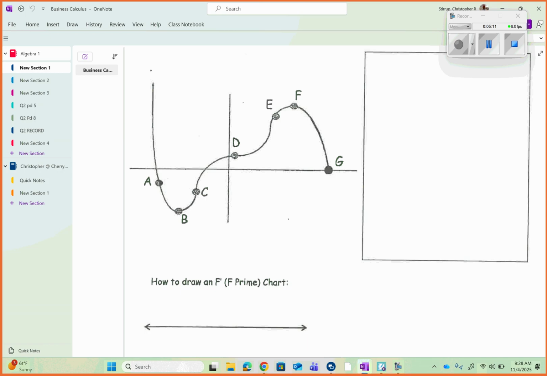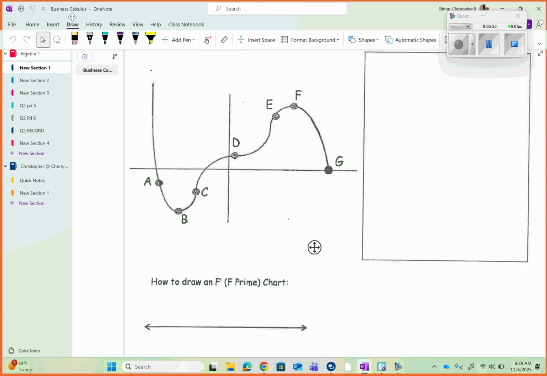Exactly at point A, would you think the slope's negative, positive, or 0? At point A. Negative? At point C, negative, positive, or 0? Point C. What do you think?